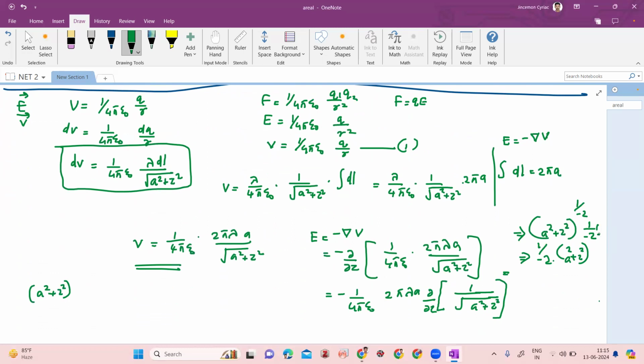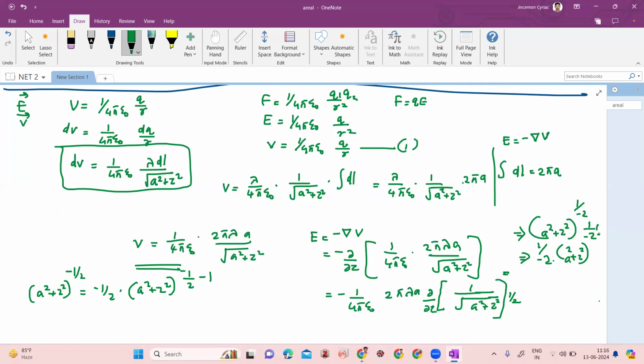Since it is in the denominator, going into the numerator it becomes negative. It is in a root, so here it is 1 by 2, and taking it in the numerator it becomes minus 1 by 2. So n into minus 1 by 2 into a square plus z square raised to n minus 1, that is minus 1 by 2 minus 1.